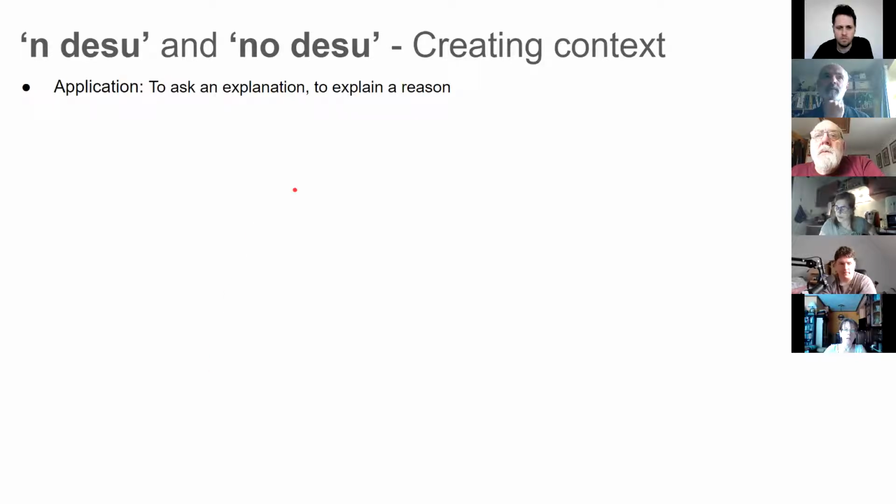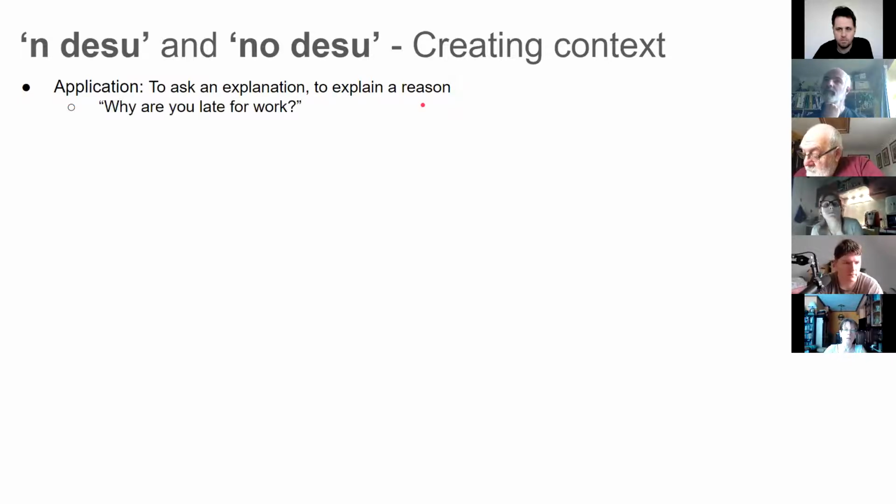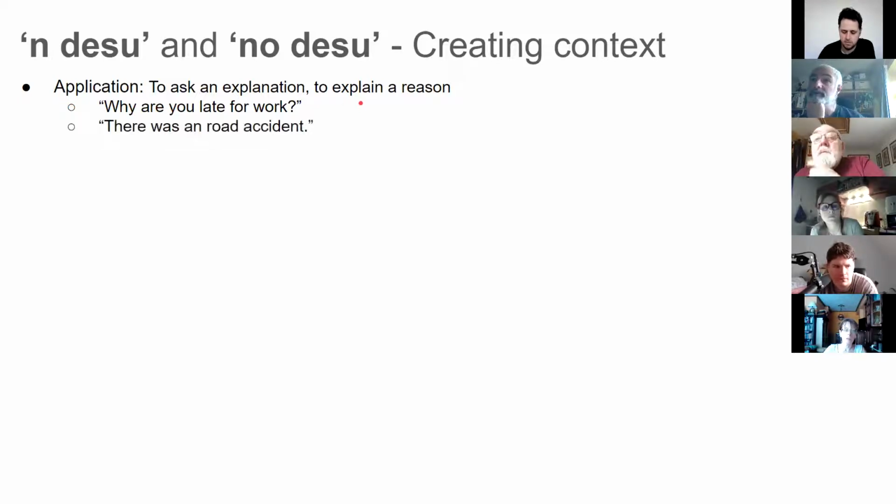So let's put the application and see some examples then. If you want to ask for an explanation or to explain a reason, let's take this example here. Why are you late for work? And then the answer is there was a road accident. So we've asked for an explanation and then we've explained a reason.